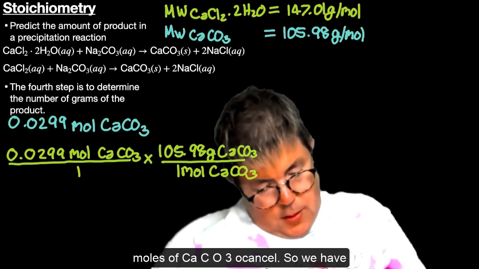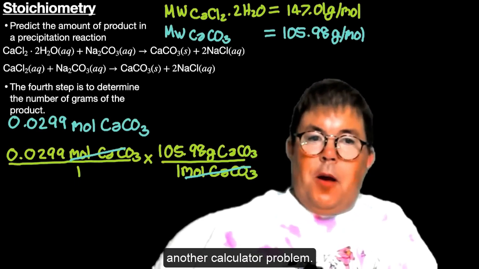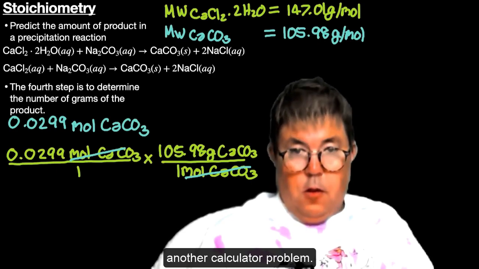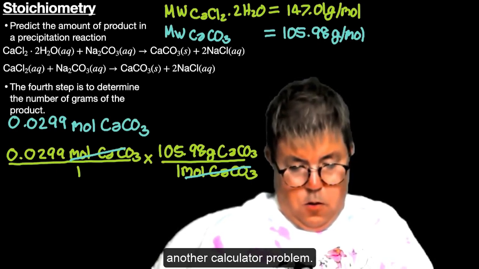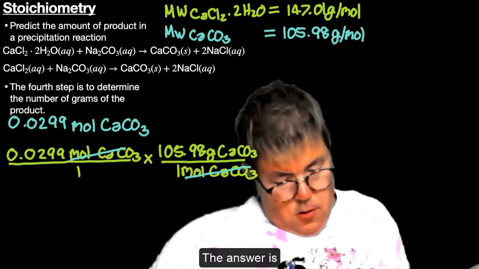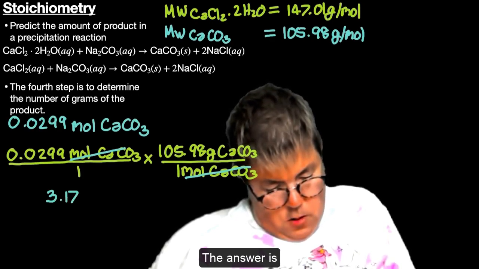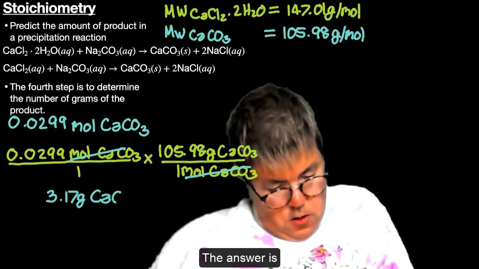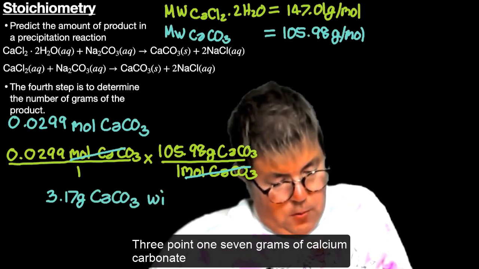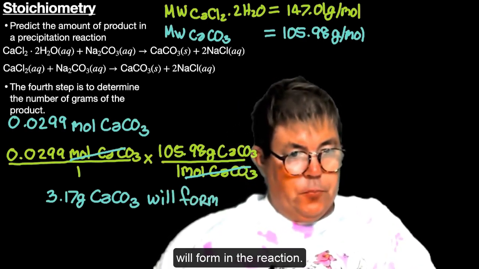Notice moles of CaCO3 cancel. So we have another calculator problem. The answer is 3.17 grams of calcium carbonate will form in the reaction.